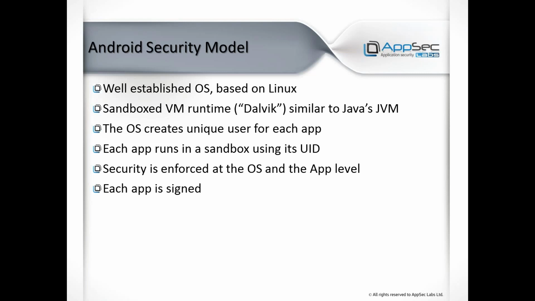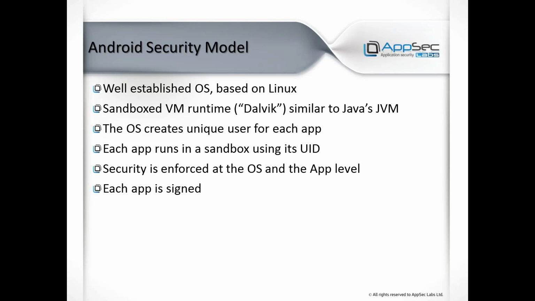So, for example, when an Android app is installed on the system, each app has its own user ID. The users, which are the apps, are separated from each other. So, for example, one app cannot access files belonging to another app. An app cannot just dump the memory of another app. It cannot denial of service another app, and so on.